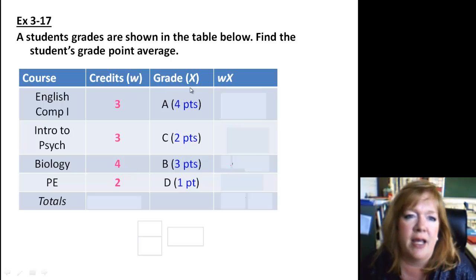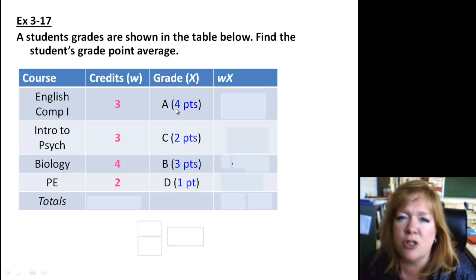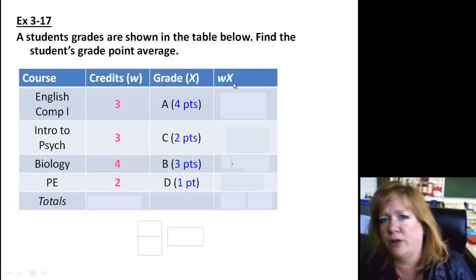So the grade, that's your X's, these are your data values, A, C, B, and a D. They're worth different things. You know, people say, I got a 4.0. It's because an A is worth 4 points. A C is worth 2, a B is worth 3, a D is worth 1, F's are 0. So what you do is, your step is to take the weight times the data item.